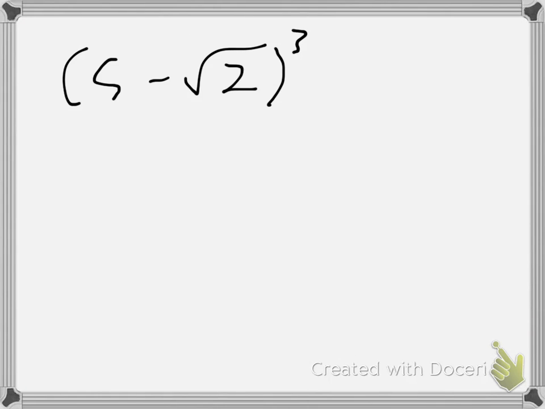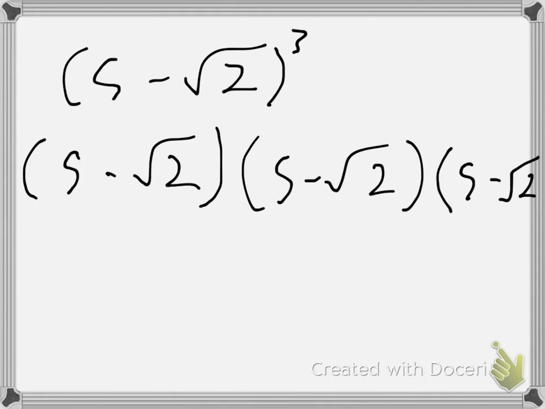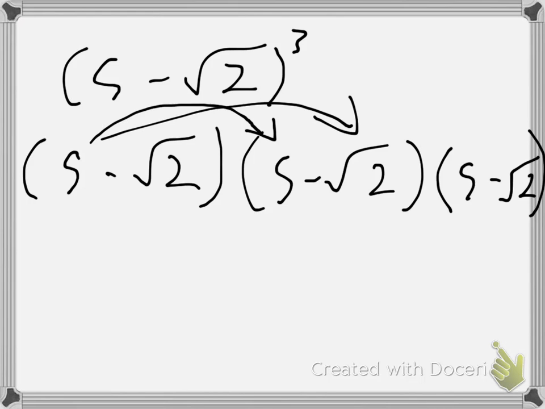It can also be taken to different powers, so all you have to do is follow exponential rules. Instead of just writing it out twice, I'm going to write it out 3 times. So the way you want to go about solving a problem like this is just double distribute your first two as you normally would. 5 times 5 is 25, and then you have negative 5 square root of 2.